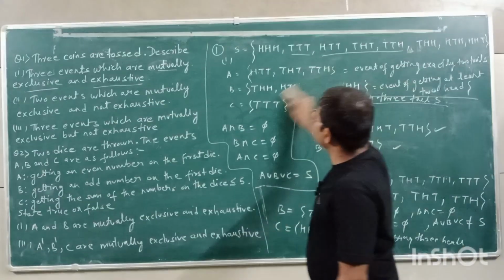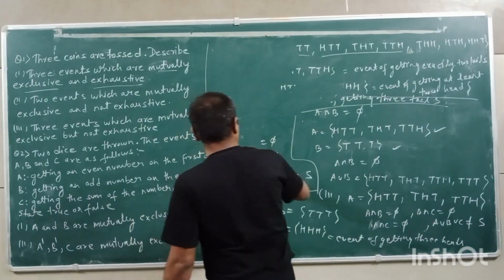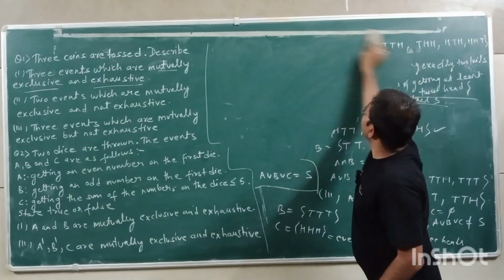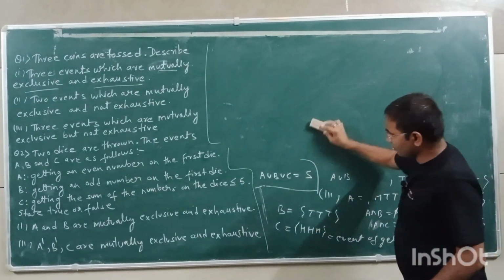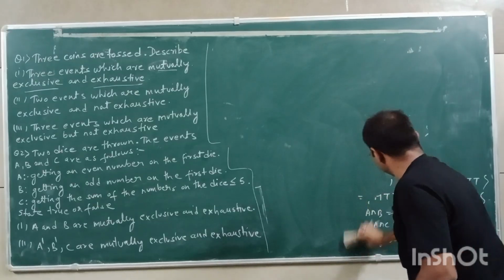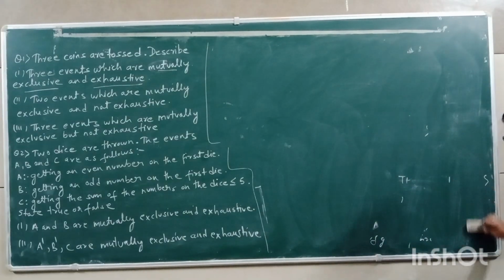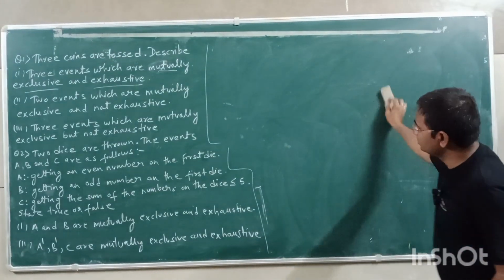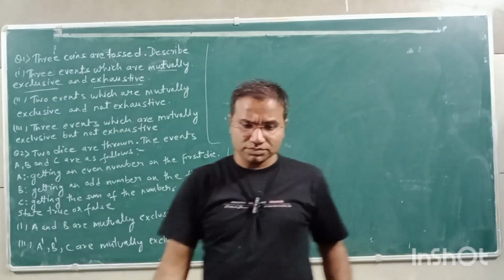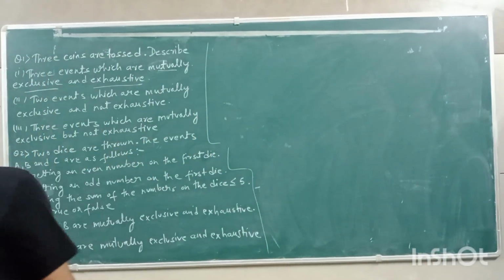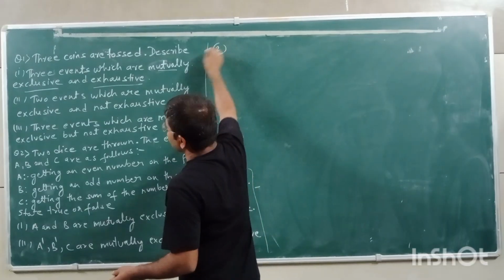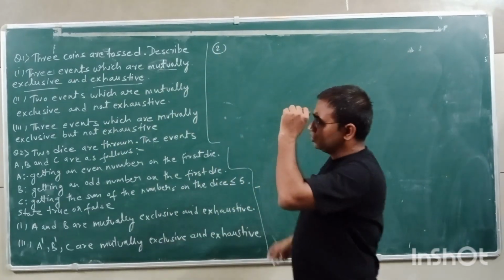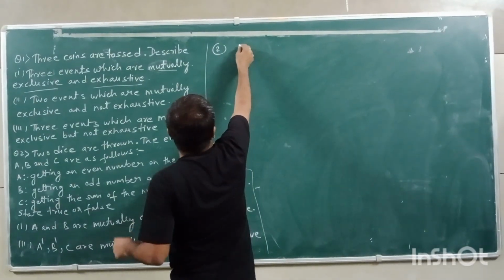I am going to erase this. Now let us see the second one. It says two dice are thrown, so you have to write the sample space first.